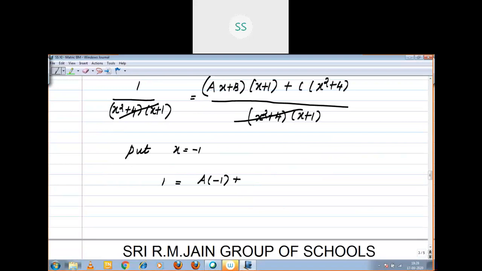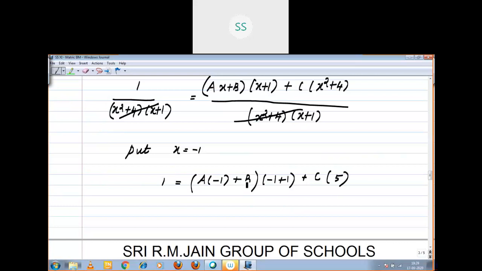1 equals (a into −1 plus b) times (−1 + 1) plus c into (−1)² + 4.